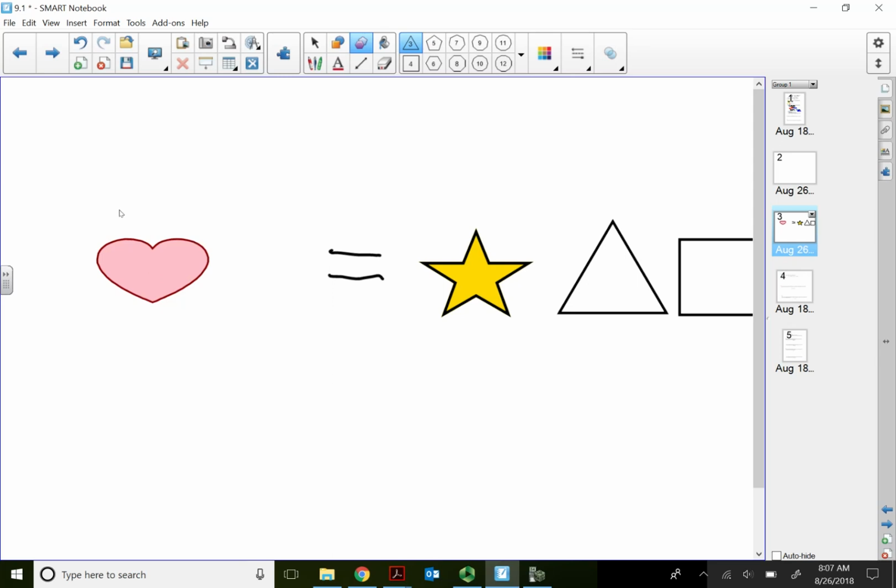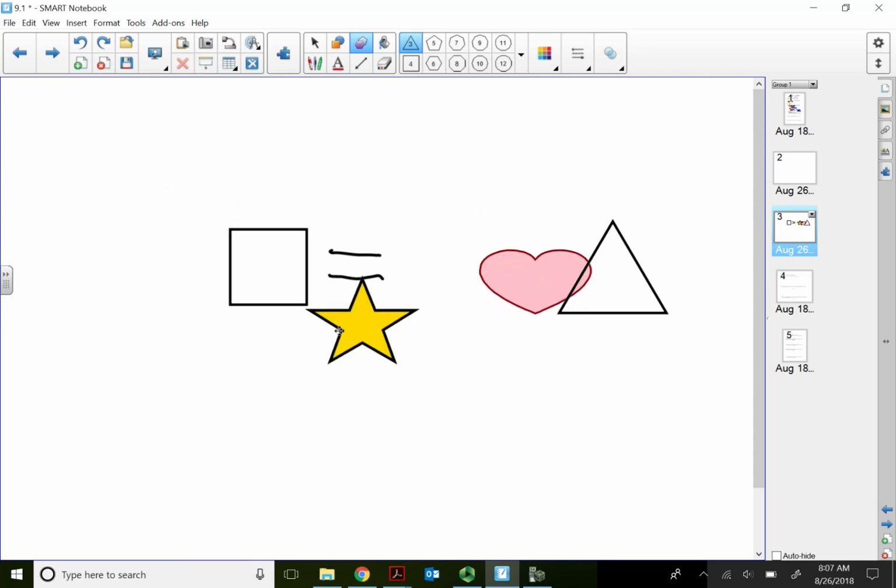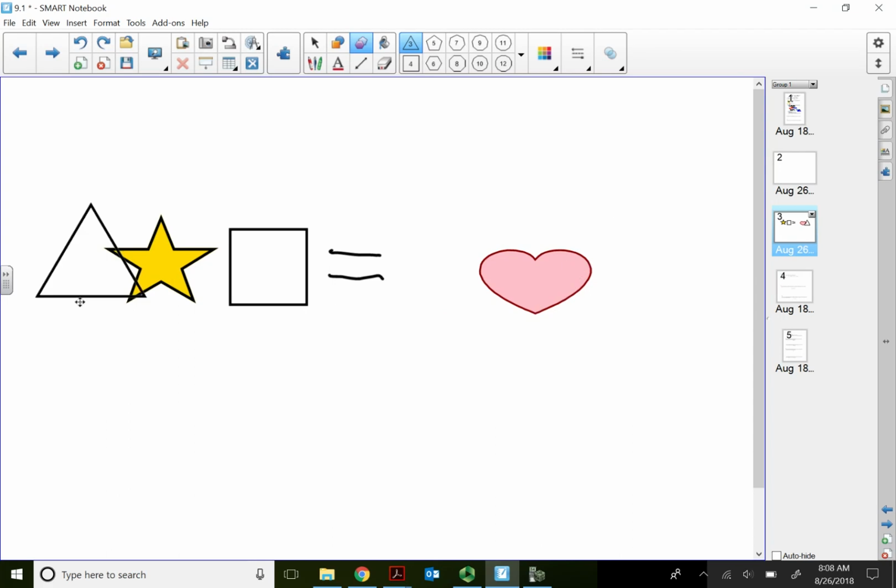Now my heart is by itself. Or what I can do is move my heart to the other side, then move everybody that was on the right side back over to the left side. Again, the heart is by itself.